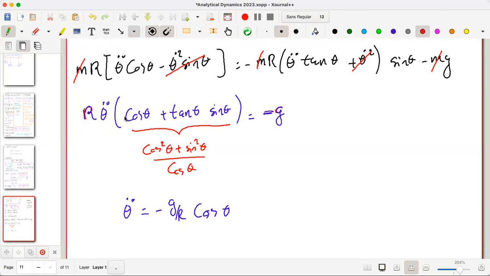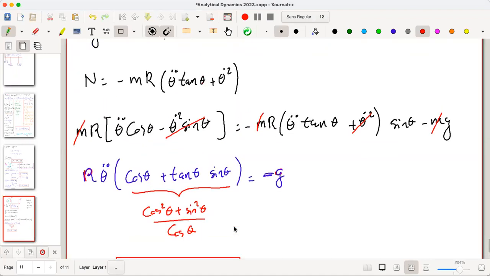All right, so this is the equation of motion. Solving this, we can get the n and we can get the x and y.